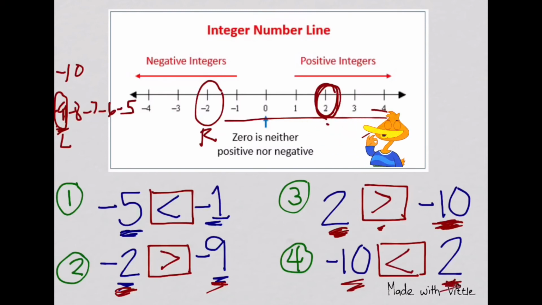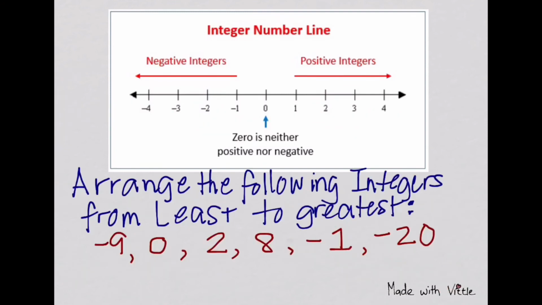Okay? Now that we're done comparing two integers, let's work with sets of integers that we need to arrange from least to greatest or greatest to least. Here, it says arrange the following integers from least to greatest. So they want it from the smallest to the greatest number.